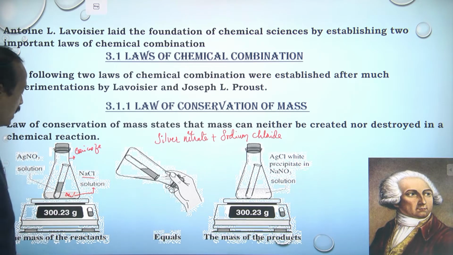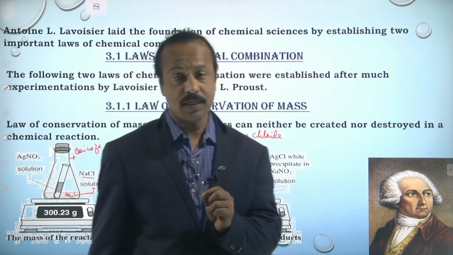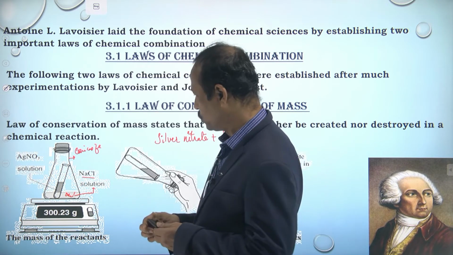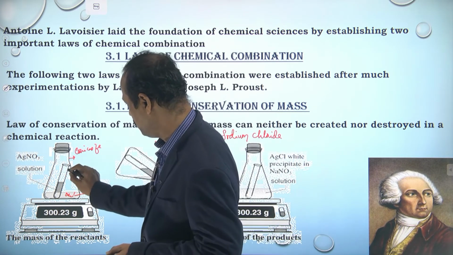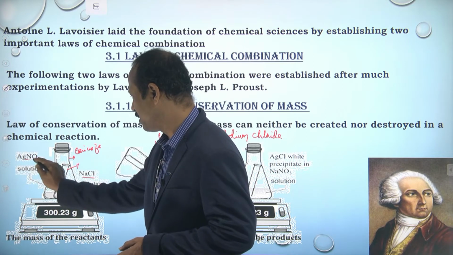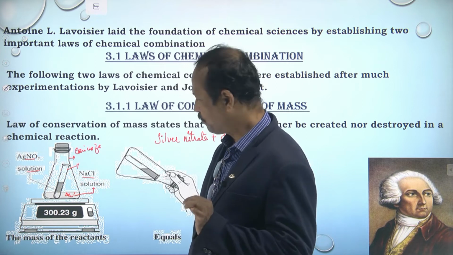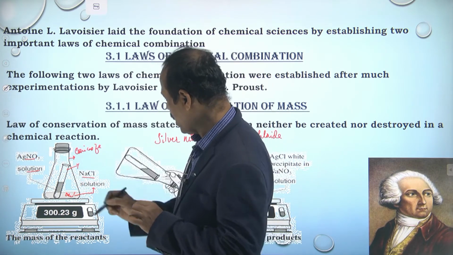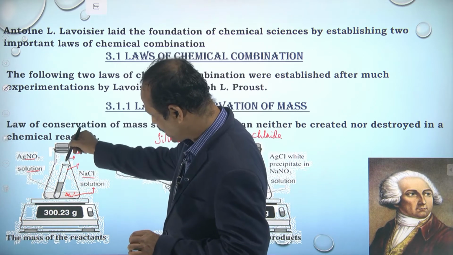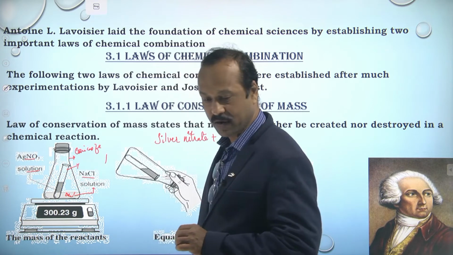Then I am taking one test tube, and in that test tube I am taking some silver nitrate solution. Carefully, I take one thread, slowly put the test tube inside, and then close the conical flask.